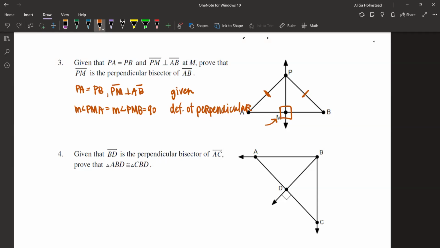Maybe we're going to try to use some triangle stuff here, because we've got a triangle here and a triangle here. Well, let's check this out. This is the reflexive property. We know that PM is congruent to PM by the reflexive property.